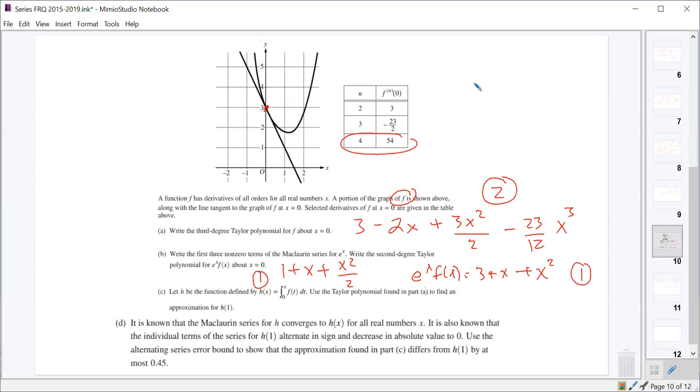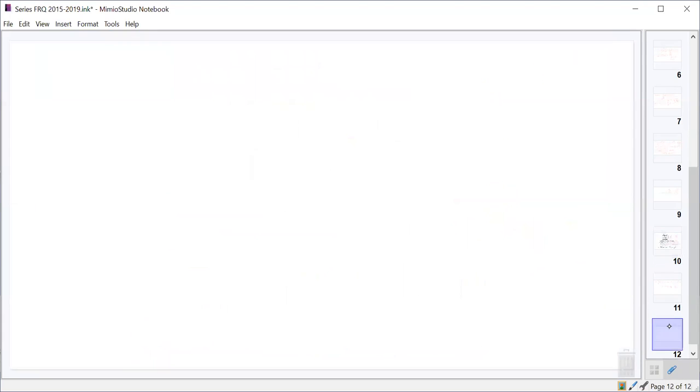So our next term for F, specifically for F, would have been 54 times x to the 4th over 4 factorial. And so then when we integrated that, we should have got 54x to the 5th over 5 factorial. We were talking about at 1, is that right?